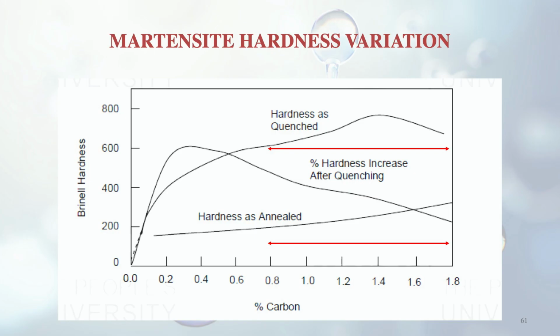In the annealed case, the graph goes higher and higher with a slope which is quite low. In the hardness as quenched case also, the graph goes towards the upper side, but then it has a maximum and then further comes down.